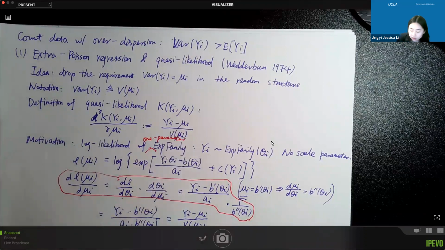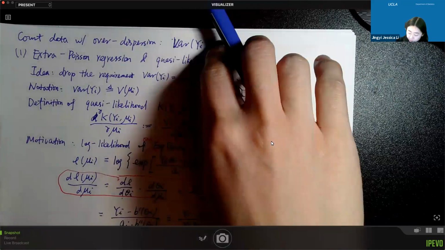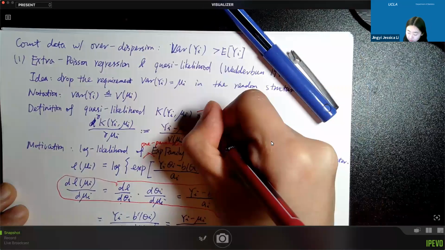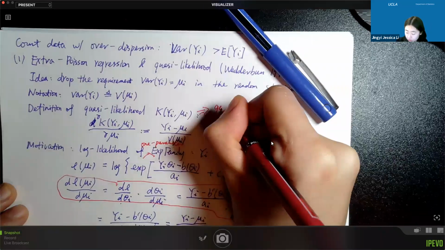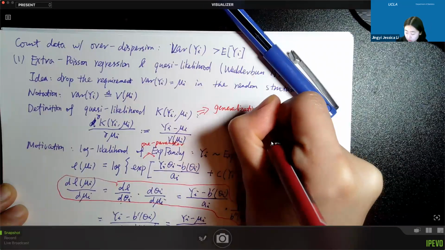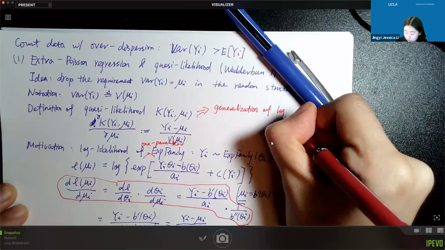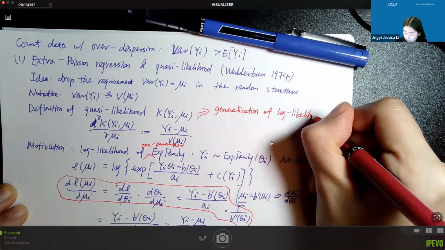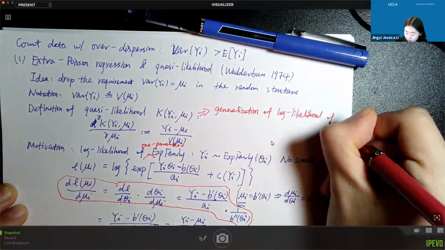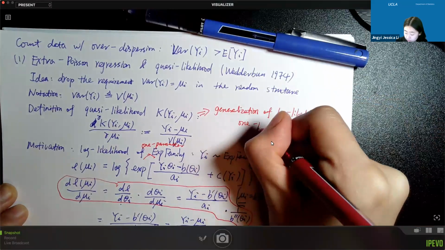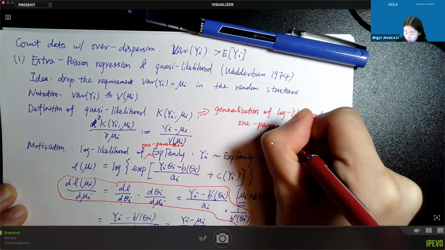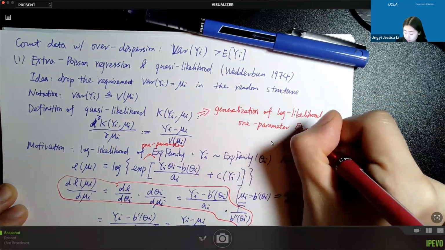So it can be regarded as a generalization of the log likelihood of the one parameter exponential family.